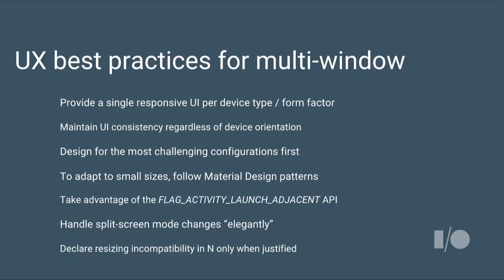And you want to only disable multi-window mode when justified. It would be odd if most apps on a user device go into multi-window mode, and your app is the odd one out, and the user launches it and it launches into full screen mode. And look for various places to take advantage of all the APIs we're exposing for multi-window mode, like the launch bounds API I just showed, for appropriate use cases.